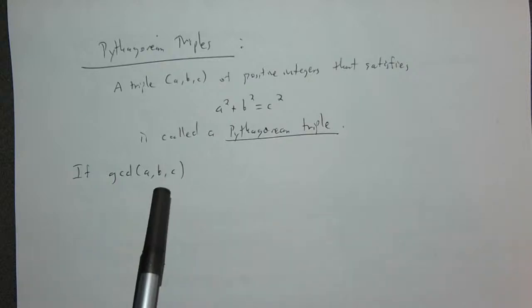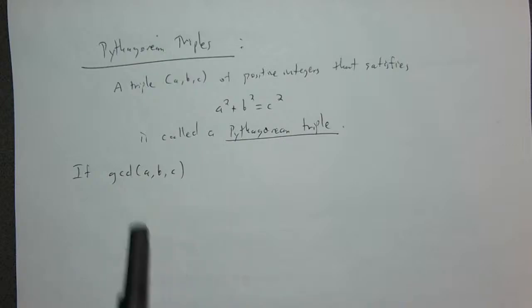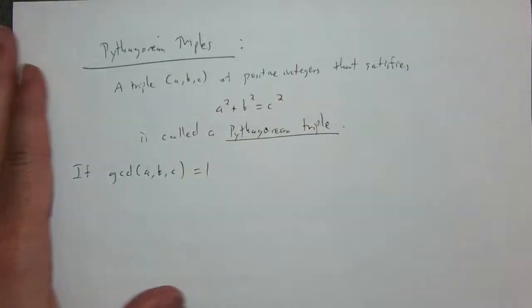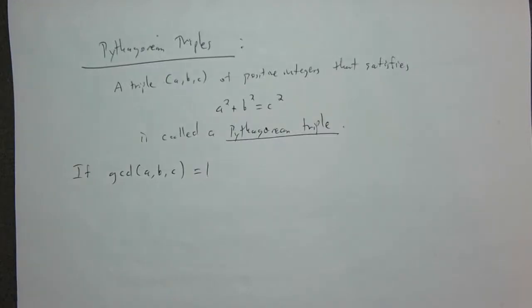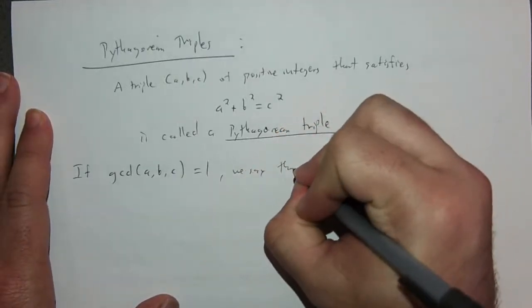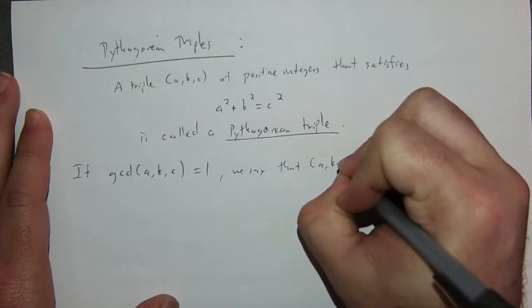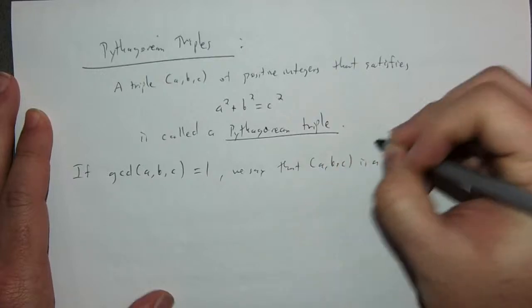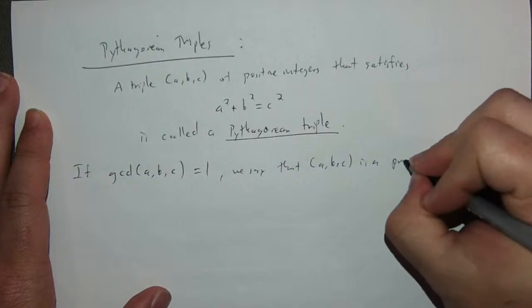A common divisor of three things is no different than a common divisor of two things. It's just that now you have an extra number to consider in the set. Again, it's always a non-empty set, so you can talk about the greatest element. That's what the GCD of three numbers is. If the GCD of these is 1, so if those three things are relatively prime, then we say that a, b, c is a primitive Pythagorean triple.